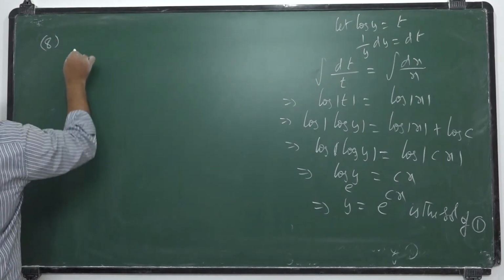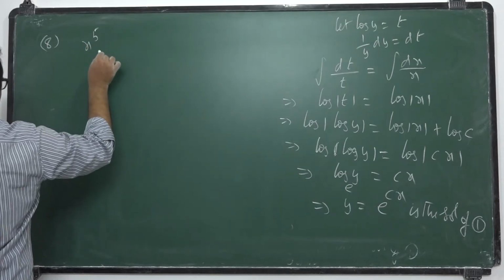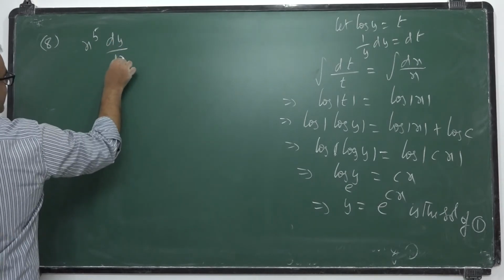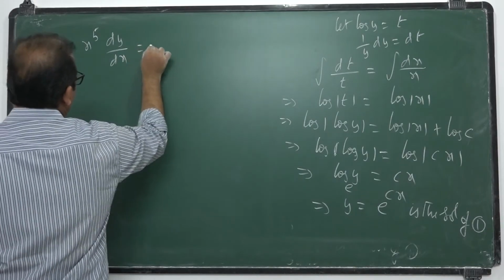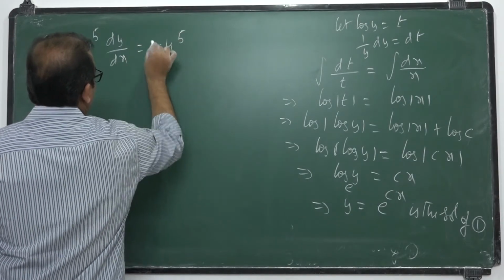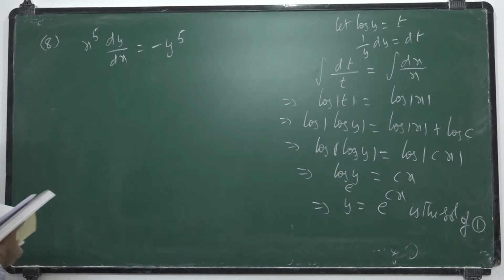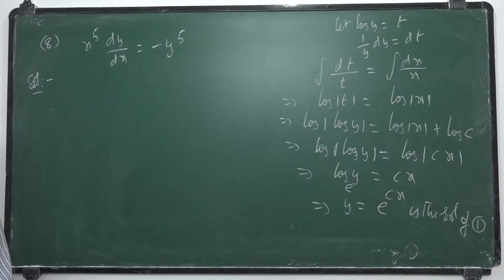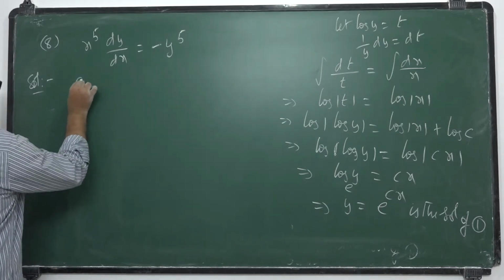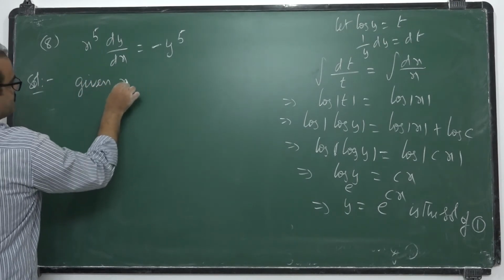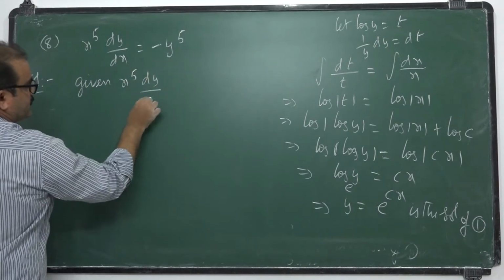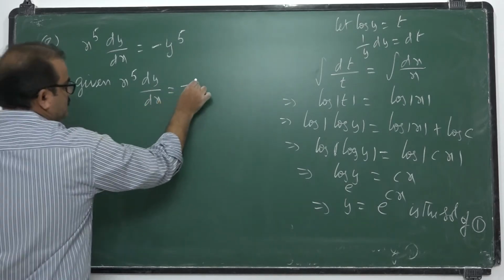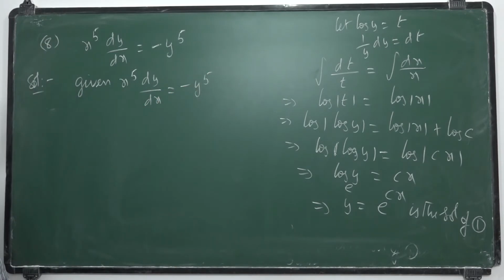Eighth one, x power 5 dy by dx is equal to minus y power 5. Given x power 5 into dy by dx is equal to minus y power 5.